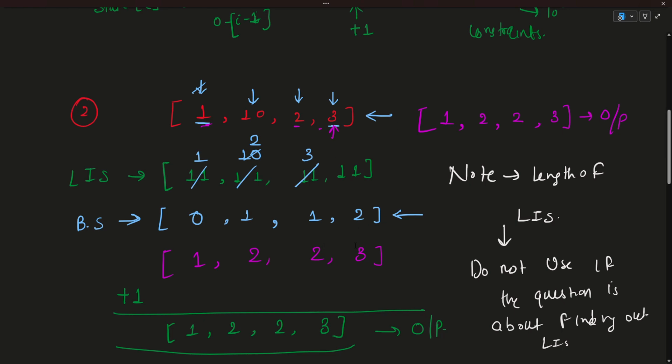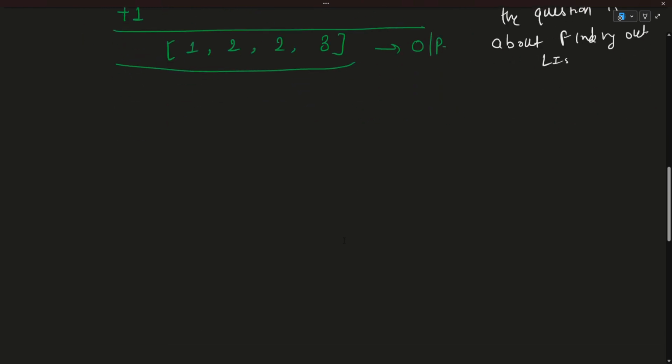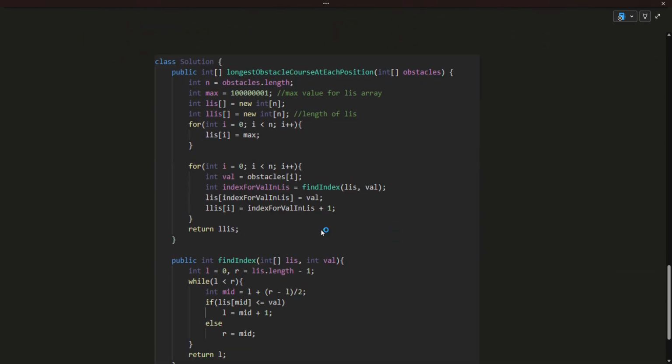Let me give you a code walkthrough of this. As per the constraints, the maximum value of obstacle[i] can be 10 raised to power 7. So I initialized a constant named max, which is 10 raised to power 8 plus 1, and I initialize an LIS array and the length of LIS, which I will return at the end.